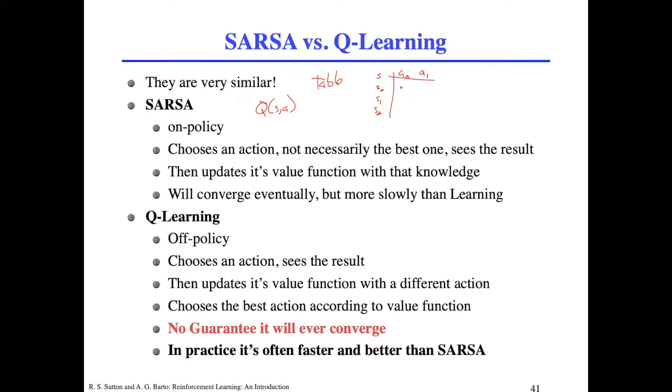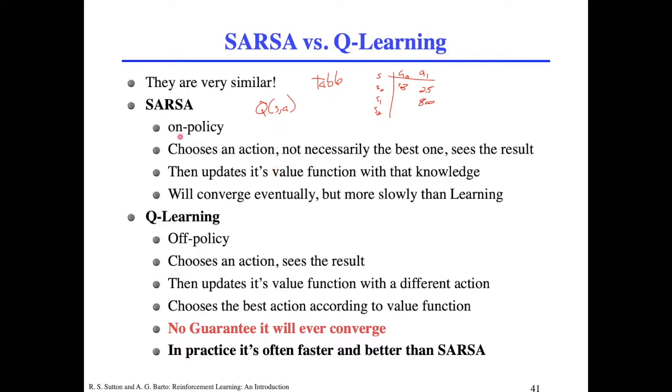And we're storing some number here. Right, so in both of these cases we have a table like this, a state action value function, but we update it in different ways, right?